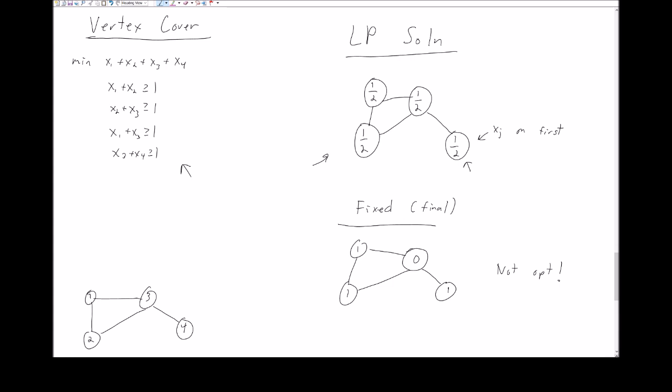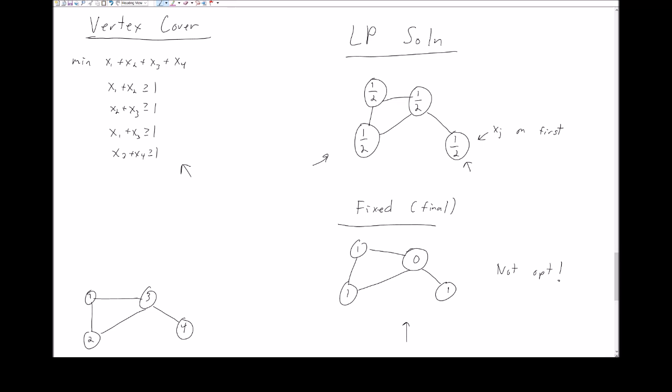If we did this, then we would go through our iterative rounding algorithm, and after making the proper choices, we could end up with a final solution that looks like this. In this case, we've chosen vertices 1, 2, and 4 to cover all of the edges. This solution is not optimal, and in general, we're not going to find the optimal solution.